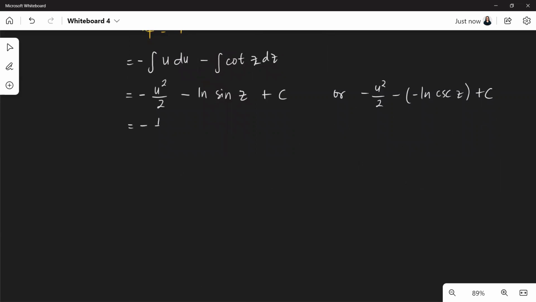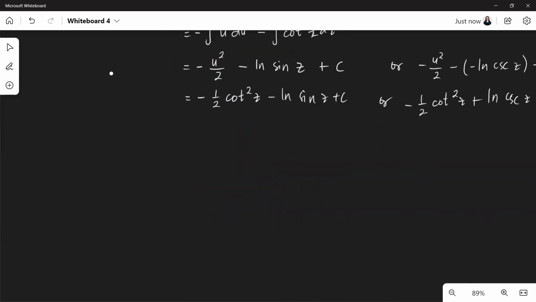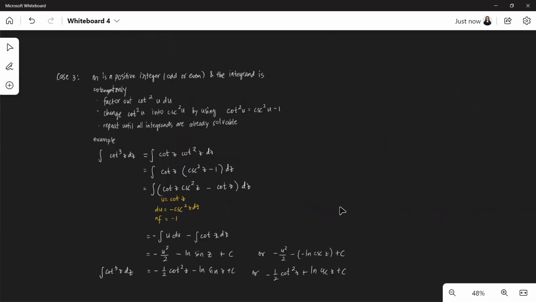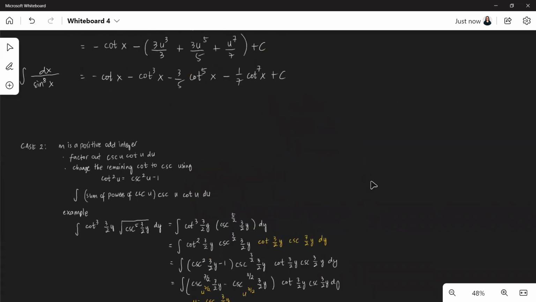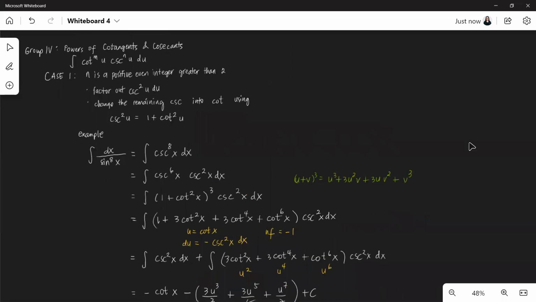That's negative 1/2 cotangent squared z, then minus ln of sine z plus c, or negative 1/2 cotangent squared z, then plus natural log of cosecant z plus c. So this is the integral of cotangent cubed z dz. Okay, so these are the 3 cases for group number 4, or powers of cotangents and cosecants.